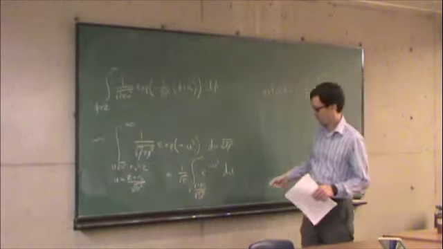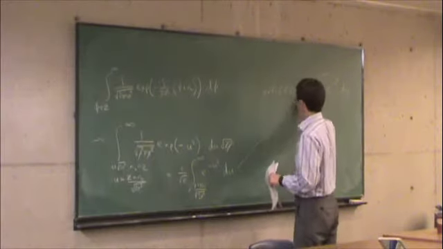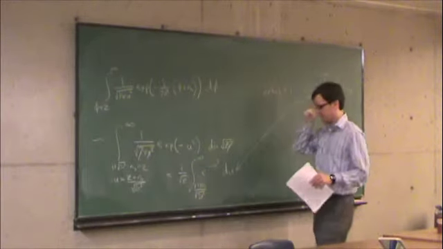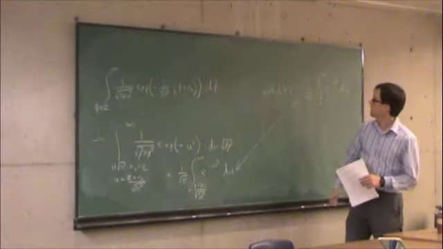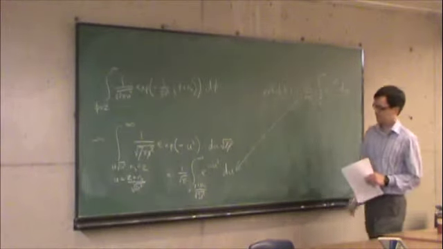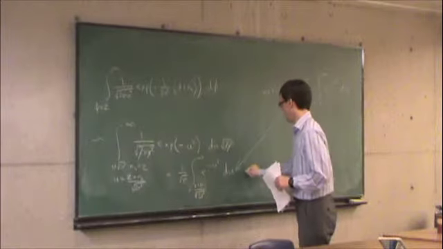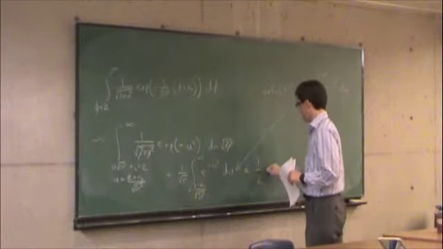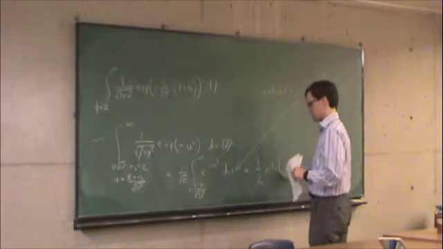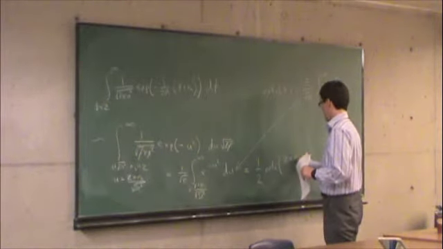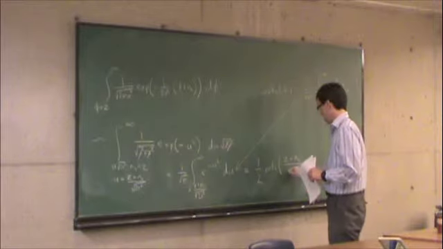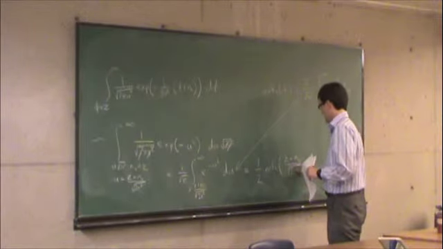If I compare these two, what's different? I have a 2 here and a 1 there, and other than that, everything's the same. So therefore, this is equal to 1/2 erfc of z plus nb divided by root 2 sigma squared.